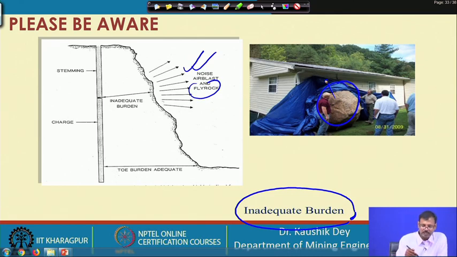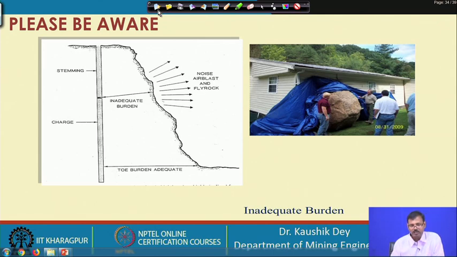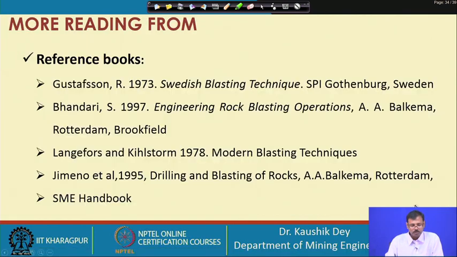So, inadequate burden, no; excessive burden, no; we need only optimum burden. So, optimum burden is very important in blasting, and the design basically lies in the selection of the optimum burden. So, let us stop.